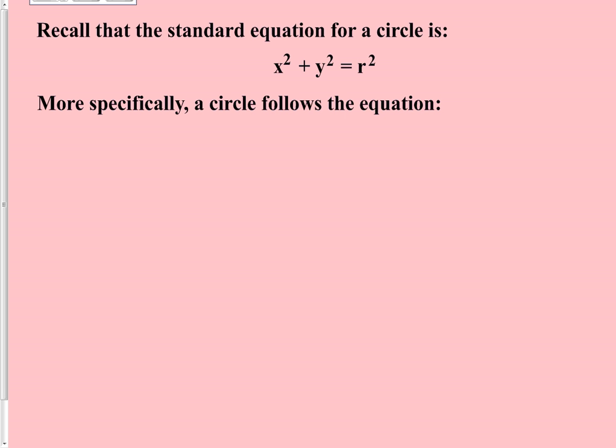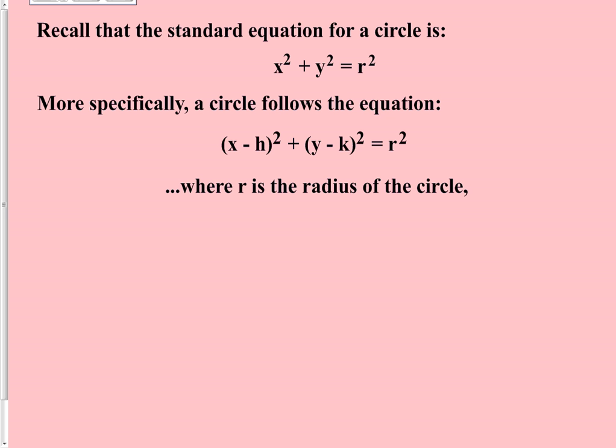So more specifically, a circle is going to follow the equation, and here come some of our old friends. We have h and k showing up in the equation now, and the equation is (x minus h) quantity squared plus (y minus k) quantity squared equals radius squared.